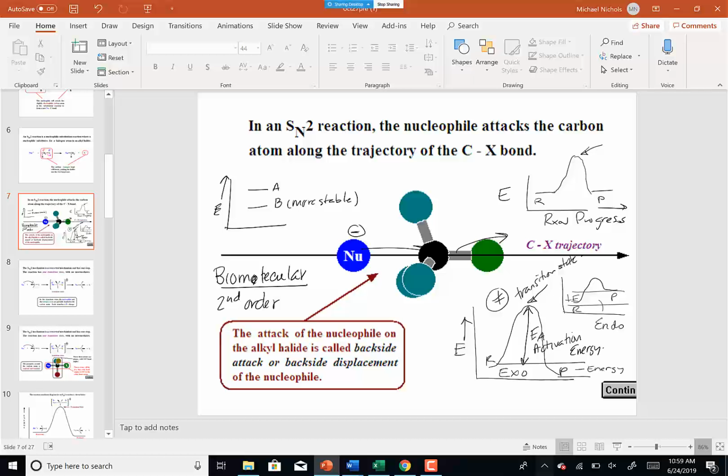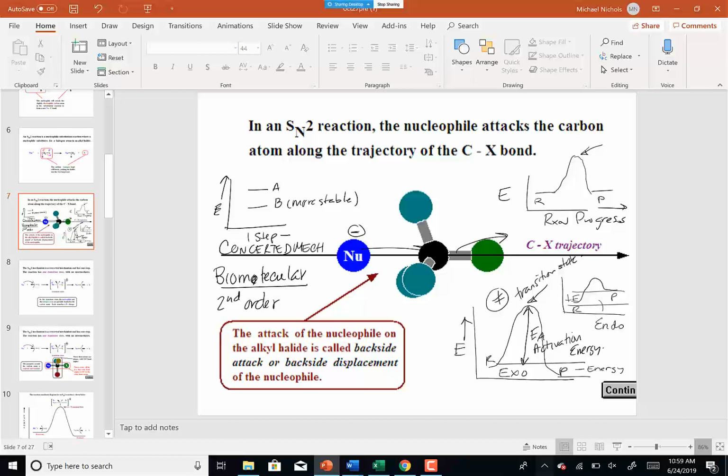So the nucleophile is going to come in, kick off the chlorine or the bromine. One step. Now, when a reaction is one step, it is also called a concerted mechanism. So a concerted mechanism is a one-step mechanism.